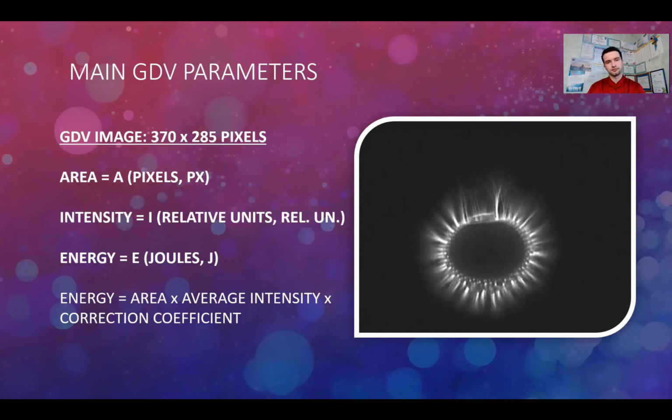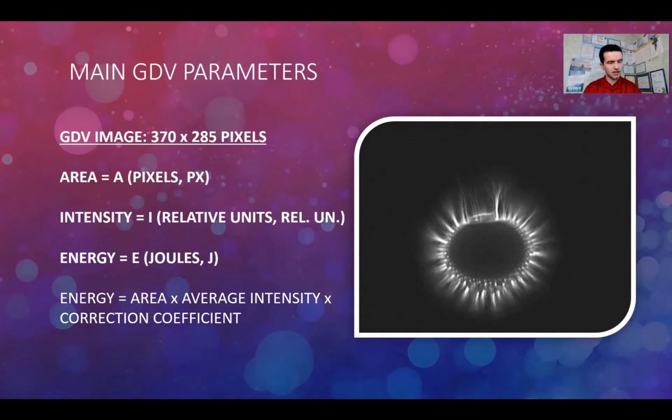As long as these are pixels, every pixel has its intensity. That you can see, it's measured in relative units, where black is 0, white is 255. So there are 256 grades. Area is just the number of pixels.